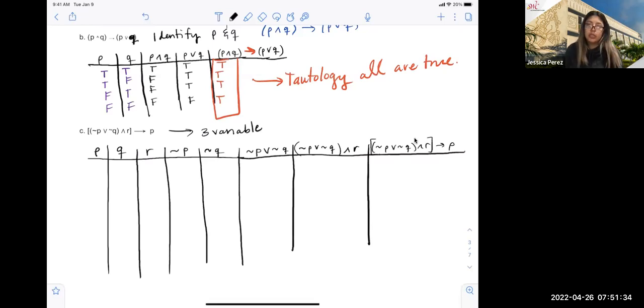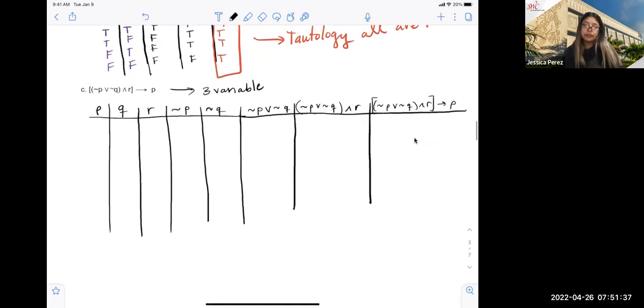All of this has to be shown step by step. So you're digesting the whole thing, you're filling them up.